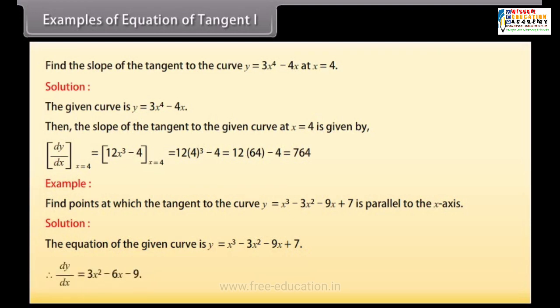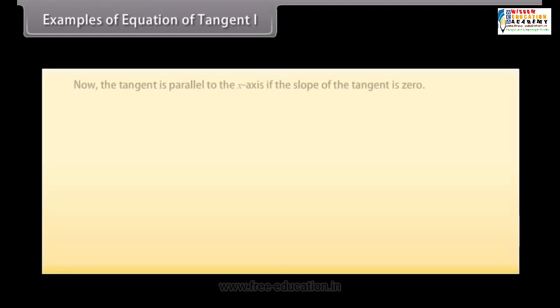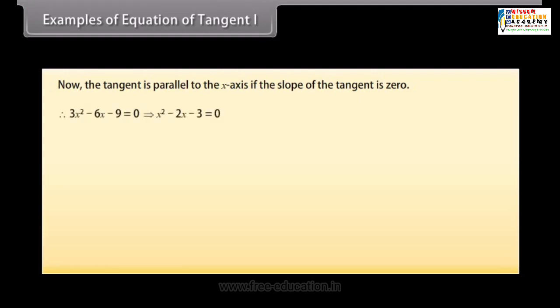Therefore, dy by dx is equal to 3x square minus 6x minus 9. Now, the tangent is parallel to the x-axis if the slope of the tangent is 0. Therefore, 3x square minus 6x minus 9 is equal to 0.